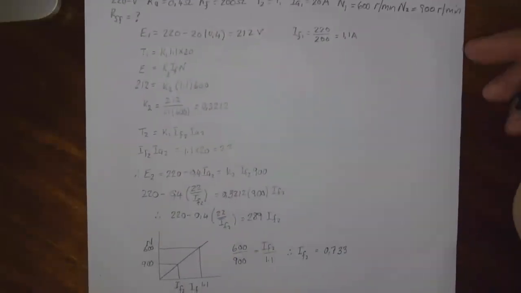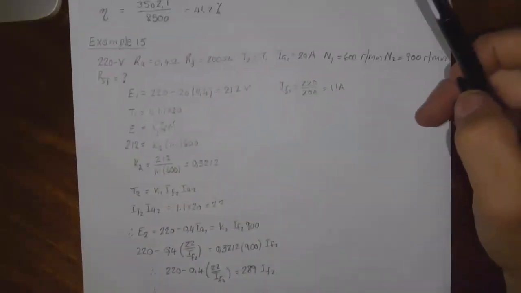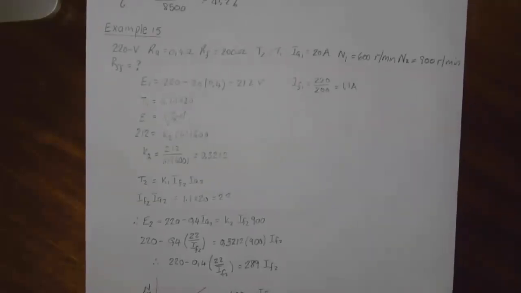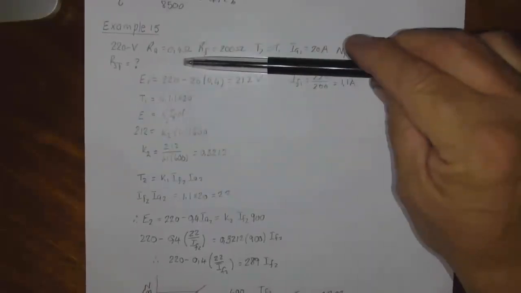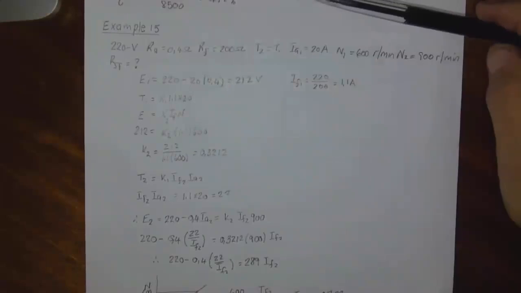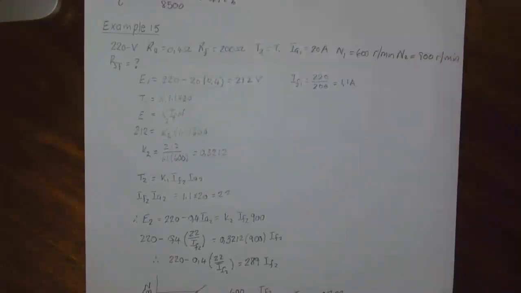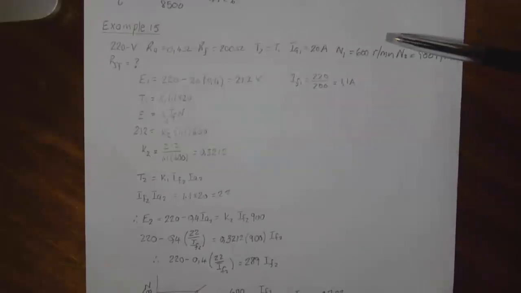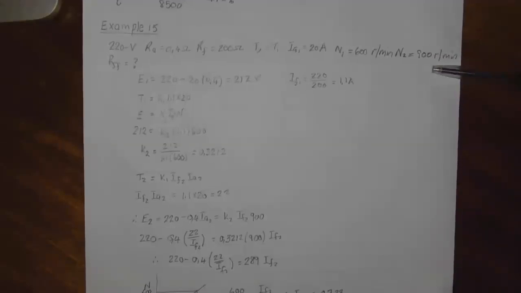And then the last one for me tonight is we have a 220 volt DC shunt machine with armature resistance 0.4, field resistance 200 ohm, T2 is equal to T1, IA1 is 20 amps, running at 600 revs per minute, and the second speed is 900 revs per minute.